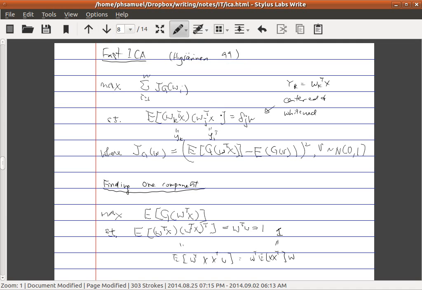The transpose should be here. But it doesn't matter. So again, the negentropy, we are using an approximation to compute the negentropy, will be equal to this squared difference of the expectation of this measure function g here.